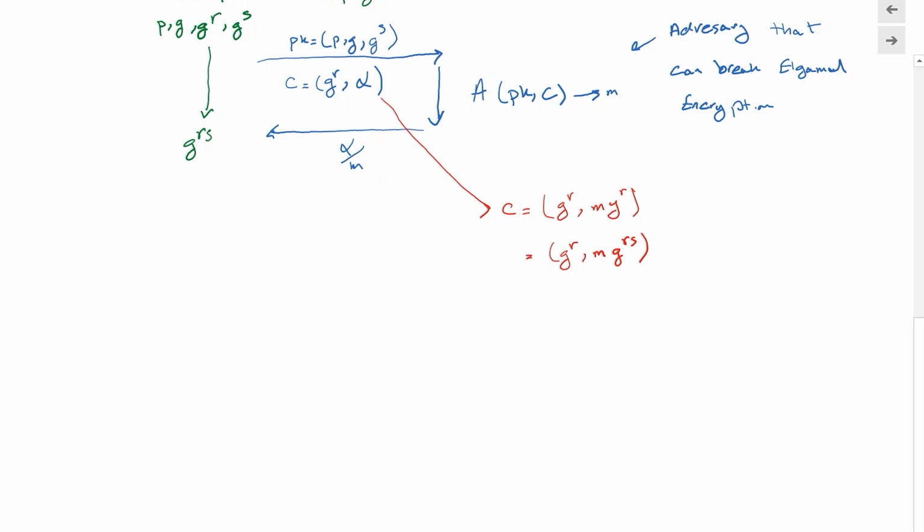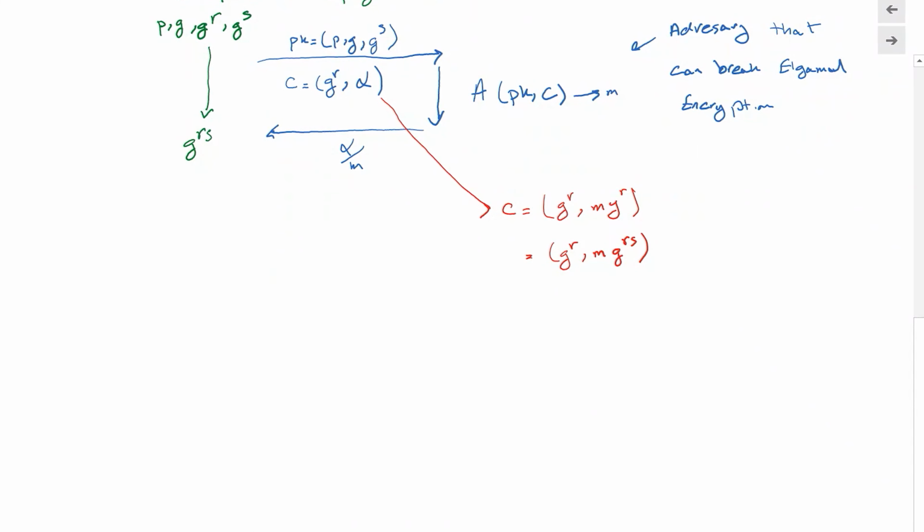Otherwise, the c is not a valid ciphertext. We need to find whatever message alpha is representing, and if that is the case, then the remaining part has to be g to the rs. So that's why we divide alpha, which is this part, by m, then we get g to the rs.